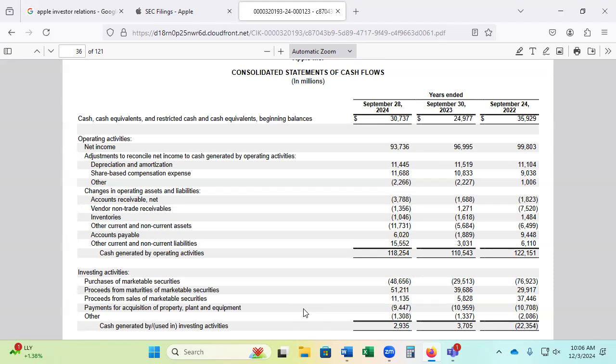But you can see the ones that are important: they break out vendor non-trade receivables, inventory, accounts payable, and other non-current liabilities. And so this is their cash flows from operations. They call it cash generated. The wording, you just have to make sure if it goes up, you say it's from. If it goes down, used by activities.